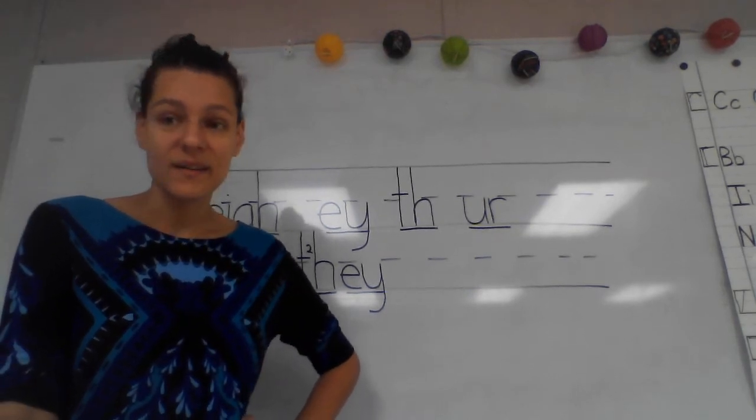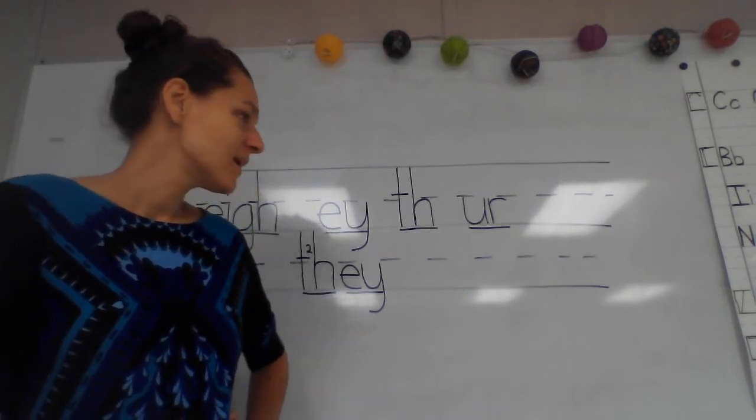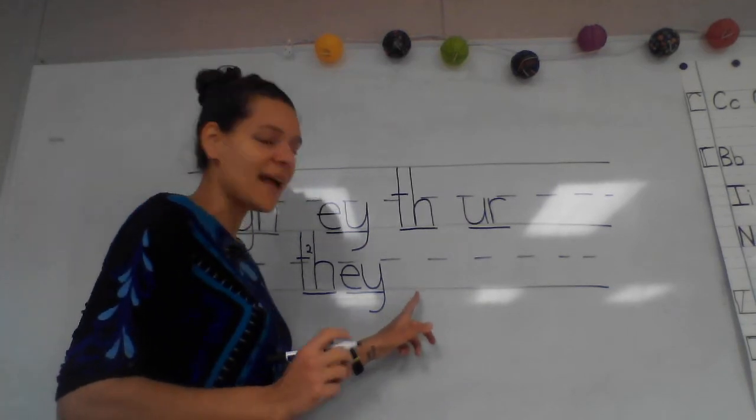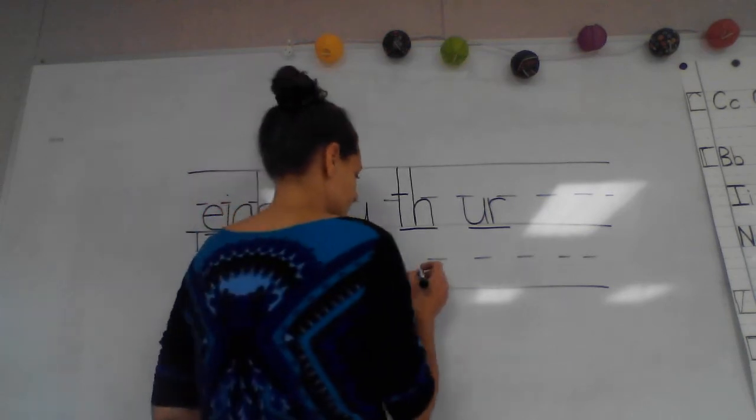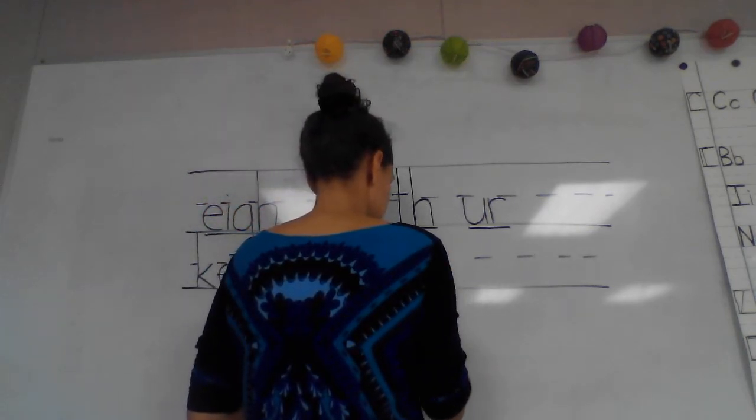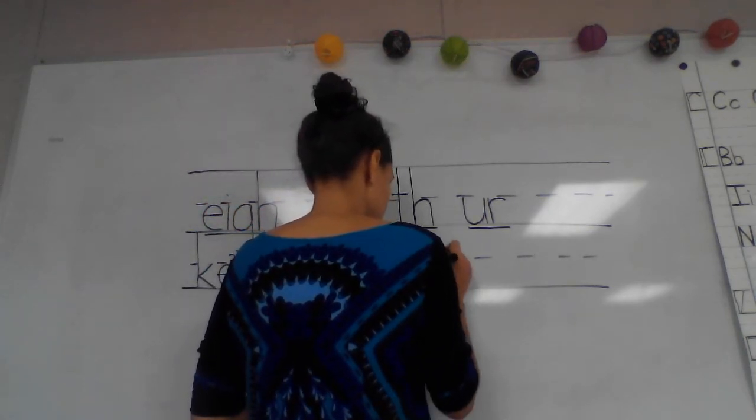All right, put your finger under the first phonogram in eight. What does it say? Good, A, but which A is it? Good, A, 4-letter A.